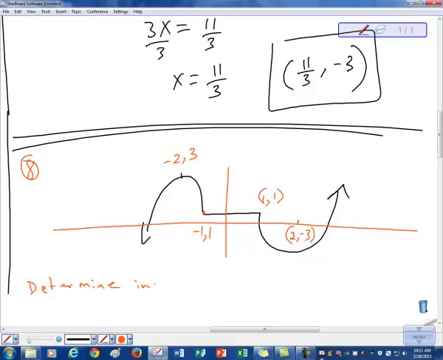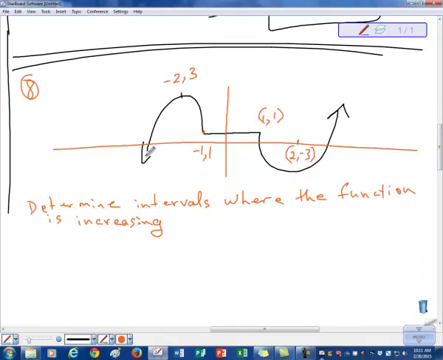Determine the intervals where the function is, we'll start with increasing. So you look to the y values to see where it's increasing. So it's increasing up to where x is negative 2.